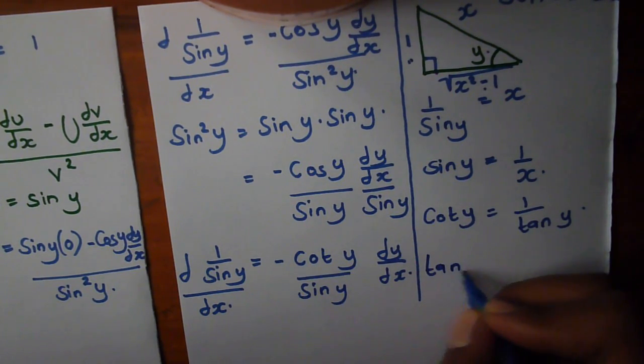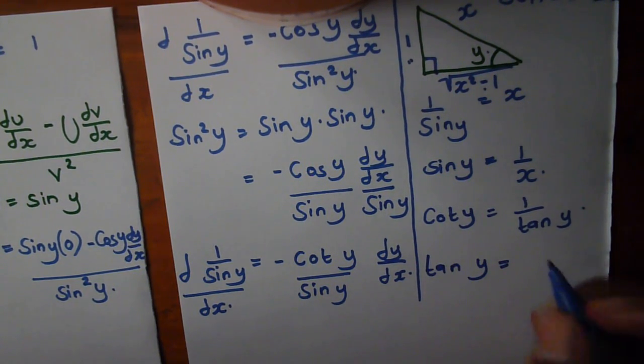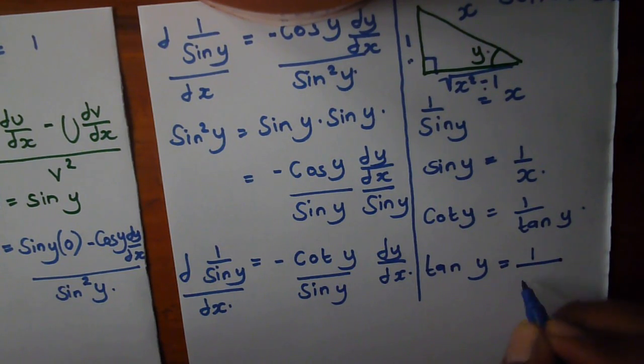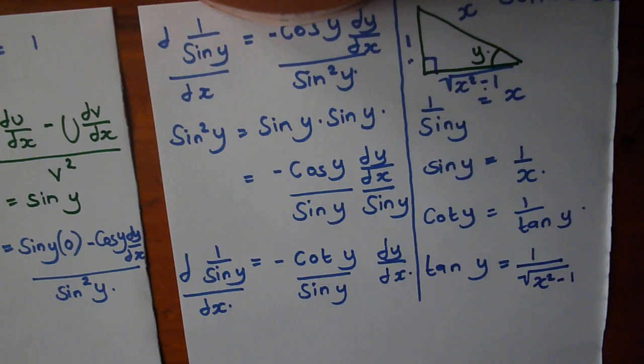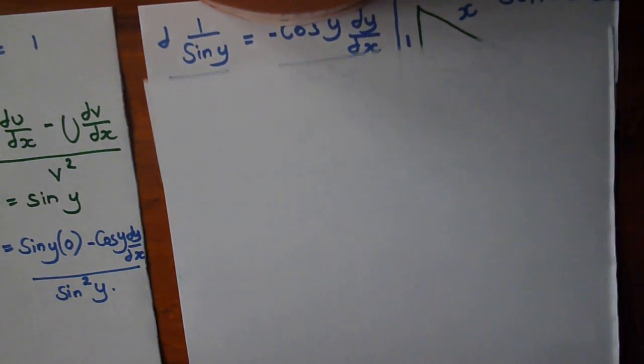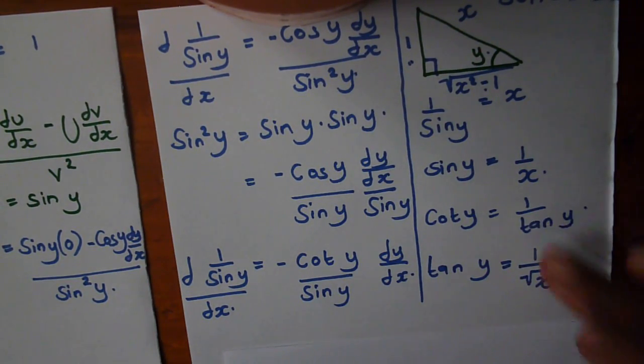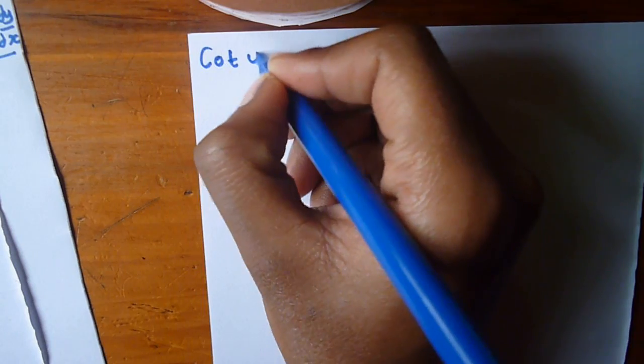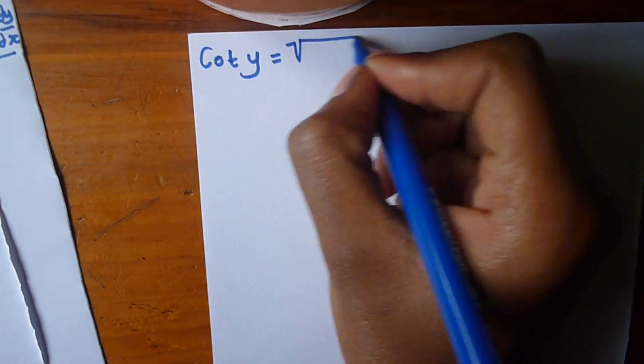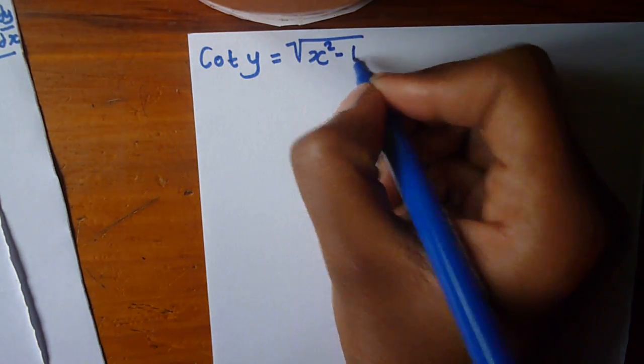So if tan y equals 1 all over the square root of x squared minus 1, then our cot y will just be the inverse, so cot y will equal the square root of x squared minus 1.